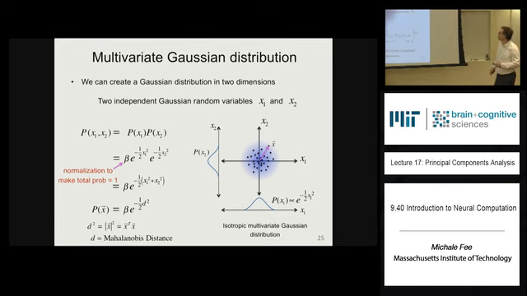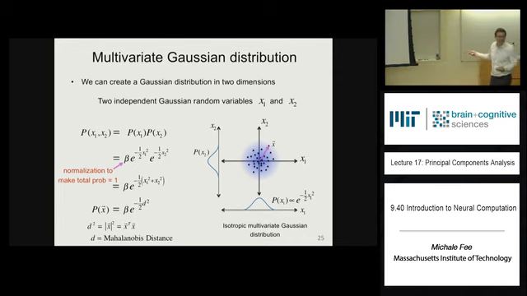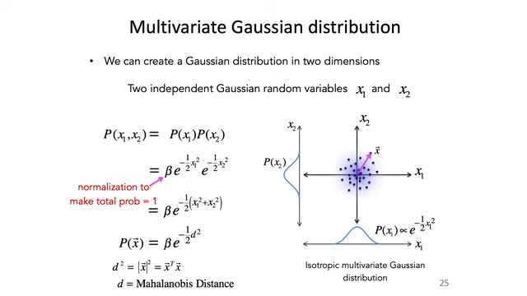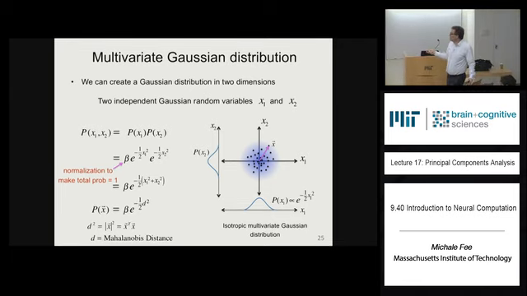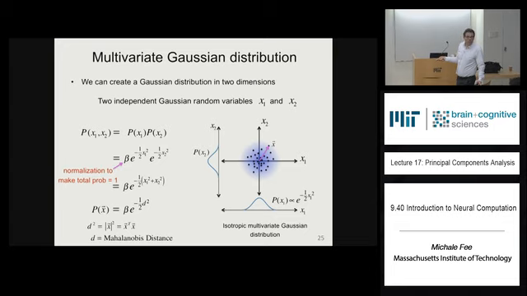So you're going to draw a lot of points here in the middle and fewer points as you go away at larger distances. This particular distribution has one more word in it.